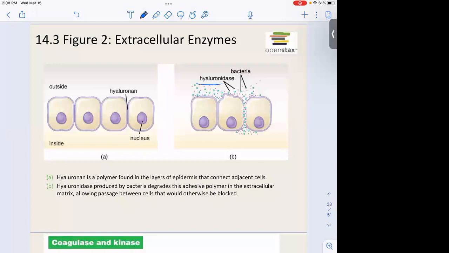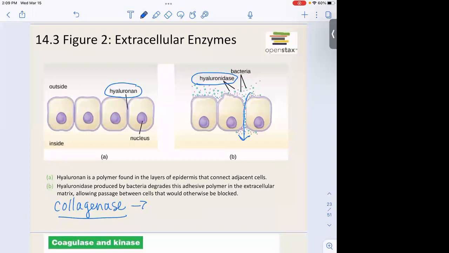hyaluronidase. The hyaluron is actually a substance that you could think about as the glue that holds the matrix of cells together. So that's the hyaluron. And if say a bacteria can secrete hyaluronidase, then the bacteria is able to enter in between cells. Okay, another example is collagenase. That's another extracellular enzyme.